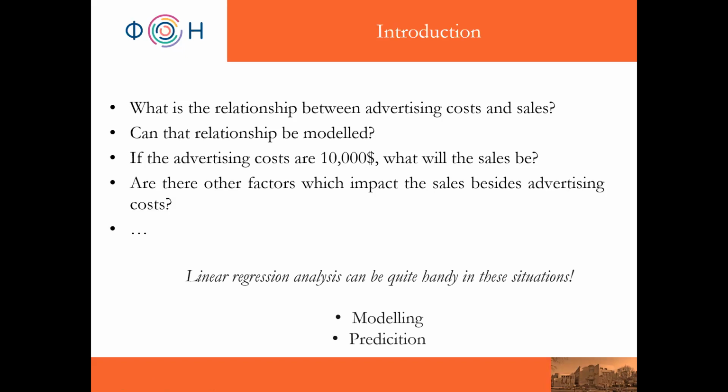So in such a situation, we can use linear regression analysis to create a model and later to use that model for prediction. Linear regression analysis is used for modeling the dependence between 2, 3, or more variables, with the goal at the end to use that model for prediction.